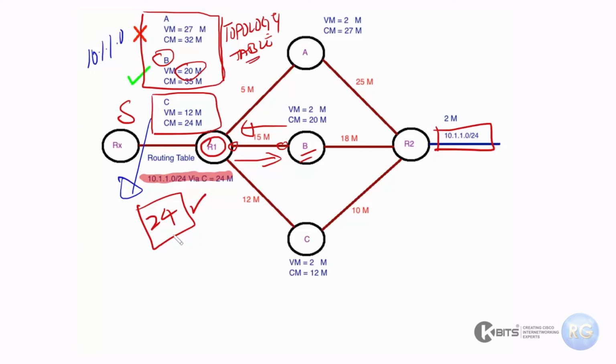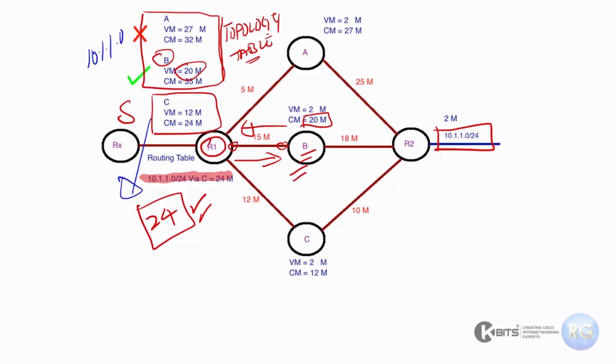No. Why not? Because his cost is 20, my cost is 24. So if R1 had sent his route to B, it would have added something to it. It would have been greater than that. It is better than the 24 route.